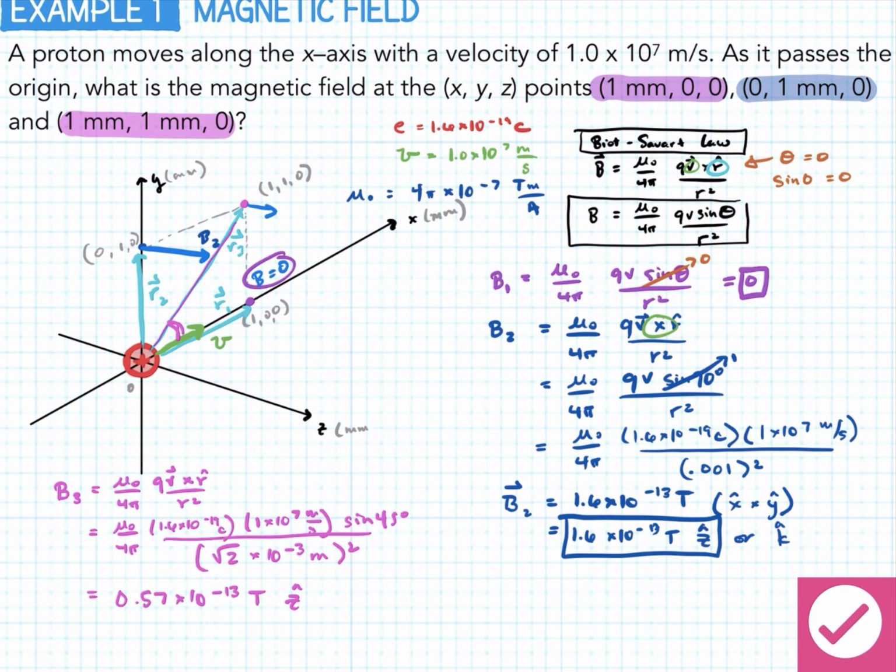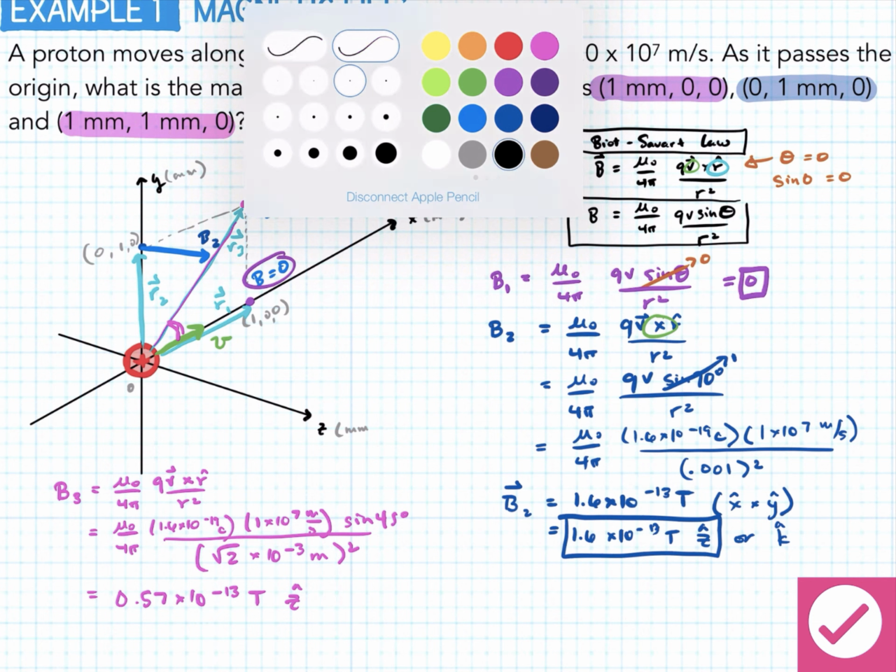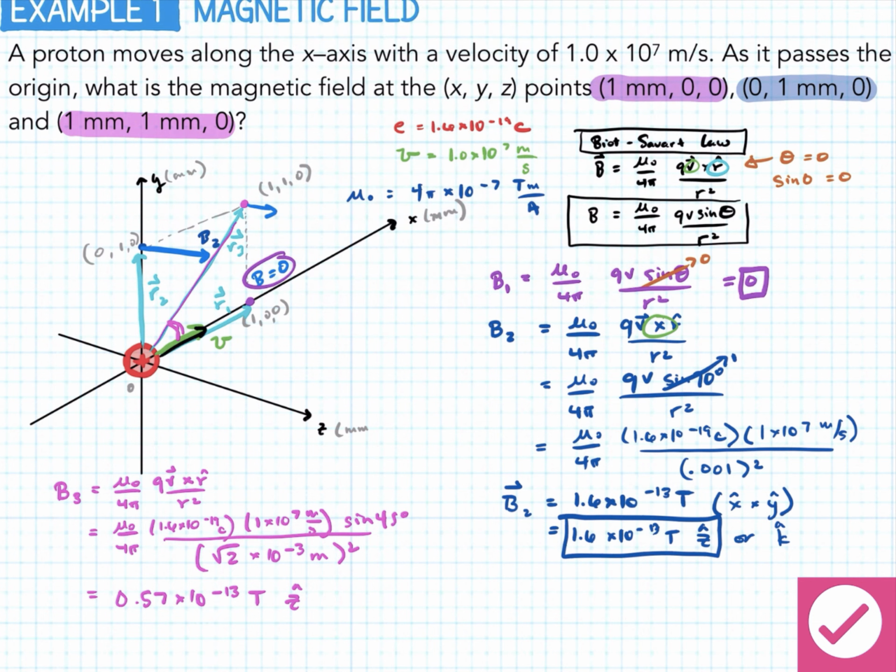Because if you use the right hand rule, this guy crossed with this guy should still give you something in the z direction. That's just because these two vectors lie in the xy plane, so the answer is always going to be perpendicular.